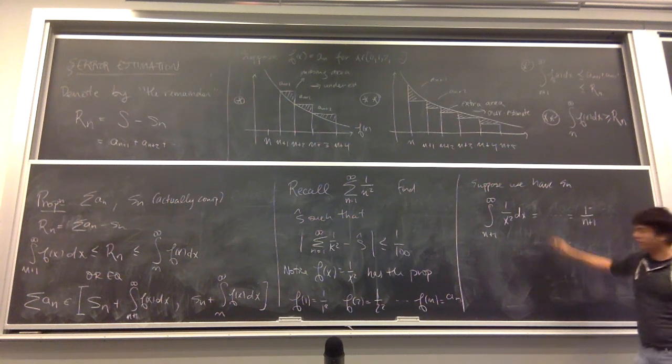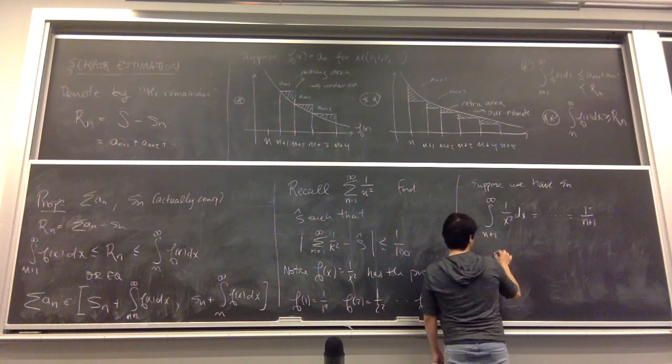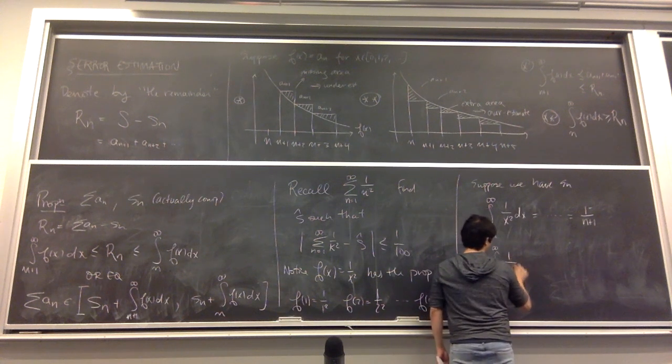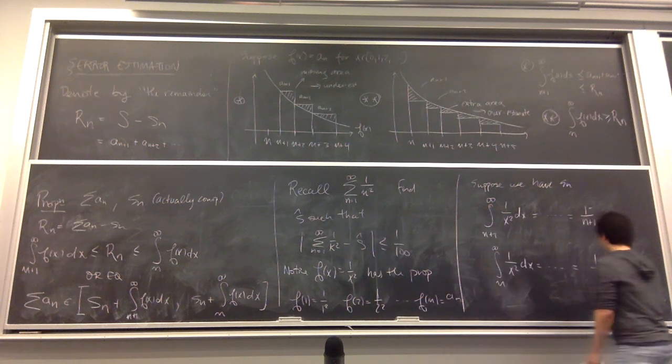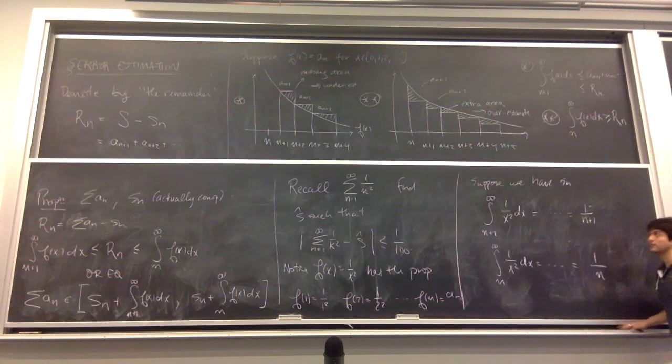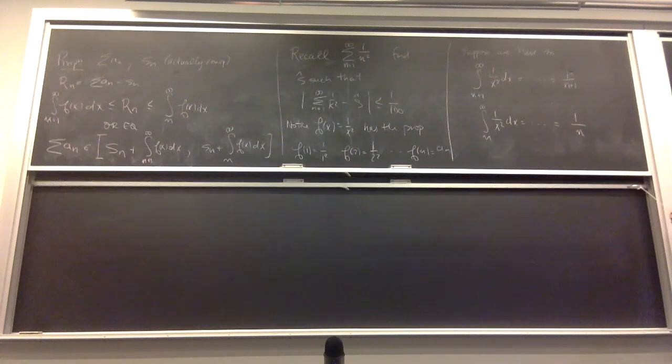You can and should fill in the details at home. And the other one, the integral from n to infinity of 1 over x squared dx, works out to 1 over n. Stare at that. Make sure that that is correct.